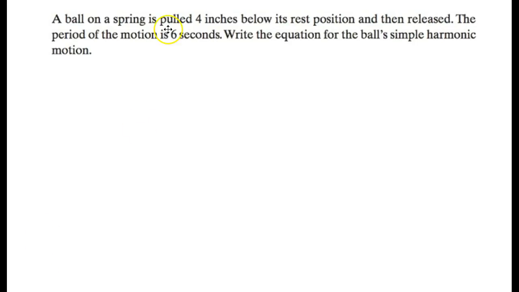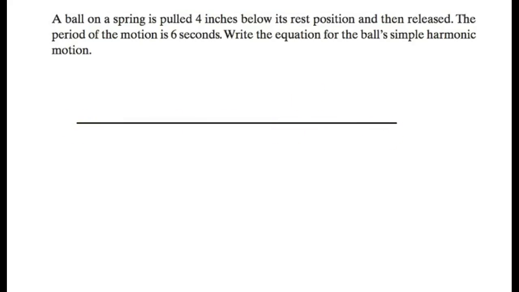All right, let me move this to its own slide. So a ball on a spring is pulled 4 inches below its rest position. So we are starting below, there's the rest position. So we're pulling it down here and we're starting at 4 inches below.